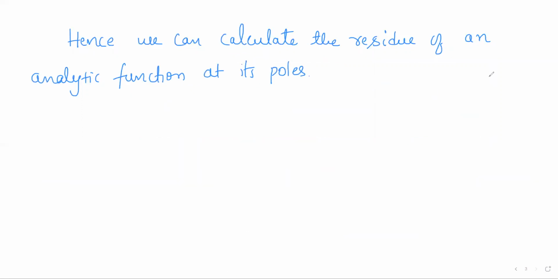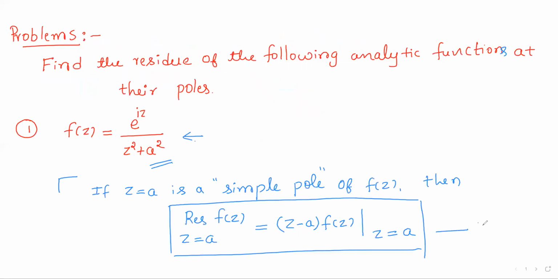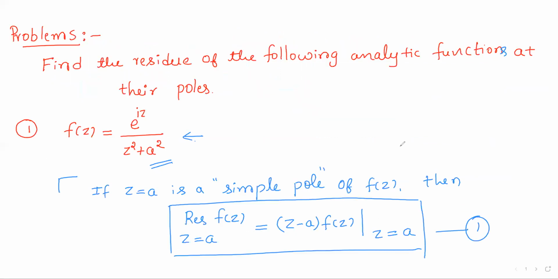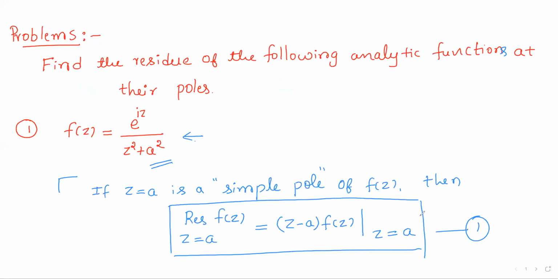Hence, we can calculate the residue of an analytic function at its poles also, using these two formulas. The first formula is true for a pole of order 1, and the second formula is true for a pole of higher order. Now, I'll come to the problem. Given f of z is this one.